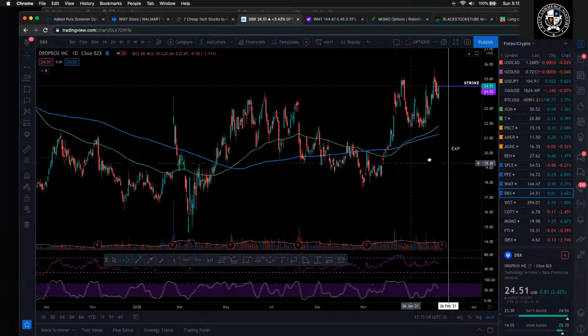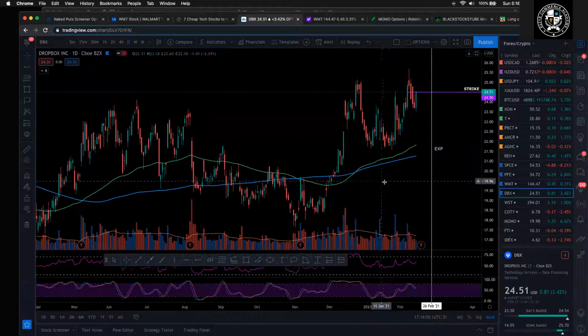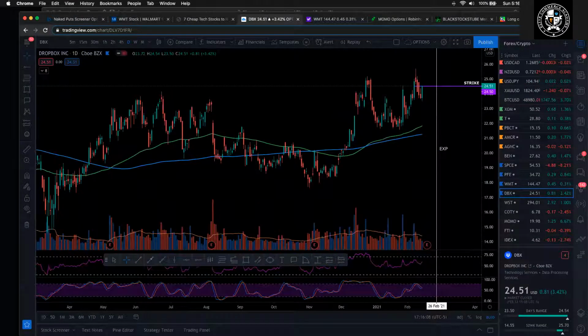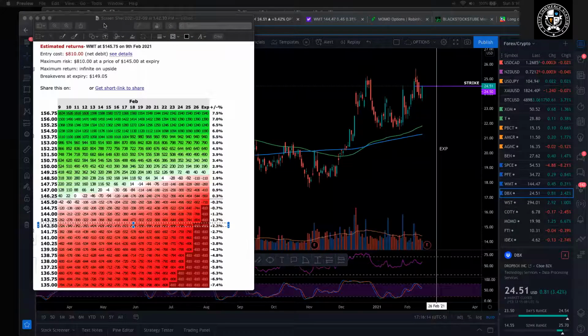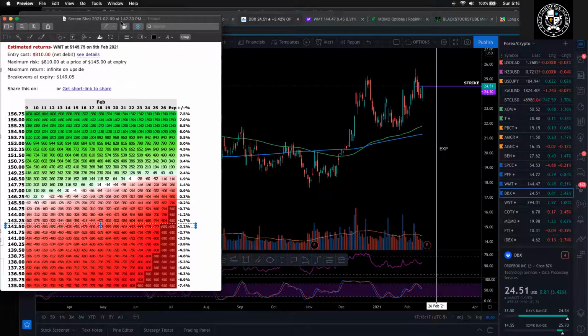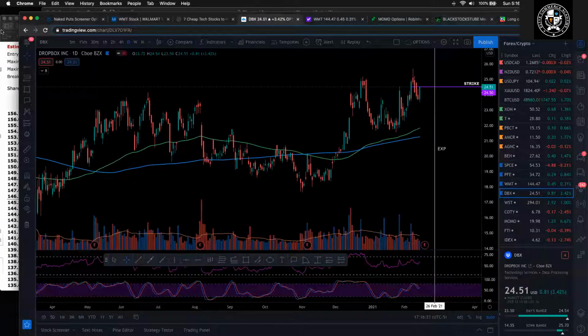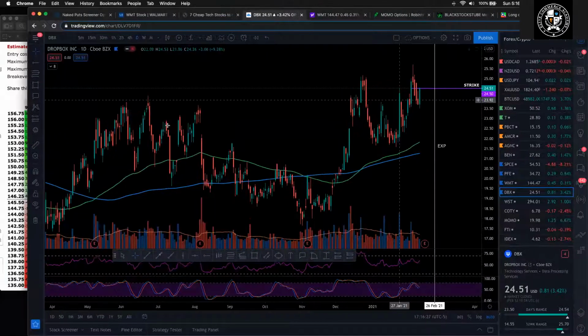So let's use Dropbox, for example. We can go back to the Dropbox. Let's say my strike price was 24.5. Pull up my contract on Dropbox. All right, here's my contract on Dropbox. On Dropbox, we have a Fibonacci sequence right in front of us.